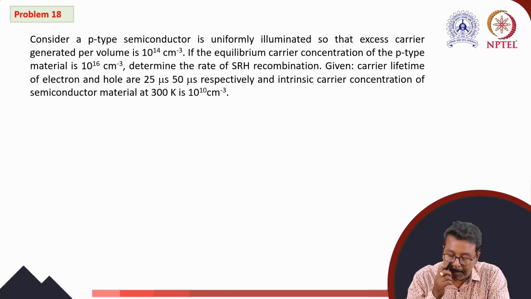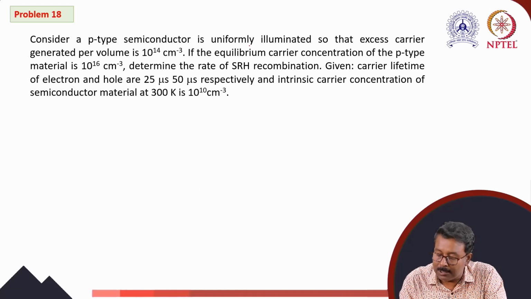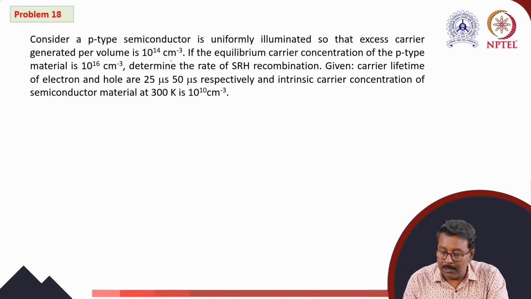This is another problem. Consider a p-type semiconductor uniformly illuminated so that the excess carrier generated per volume is 10 to the power 14 per centimeter cube.